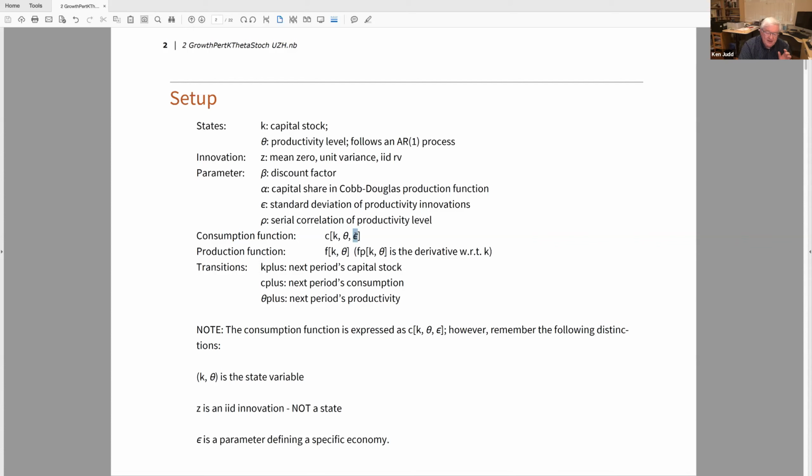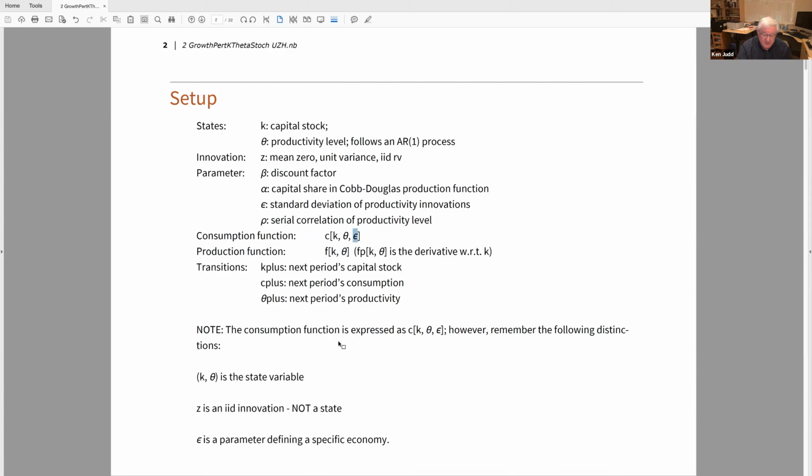Epsilon is a parameter of the economy. So we pick an epsilon, and that gives us some standard deviation of productivity innovations, and then for that epsilon we have an economy defined.